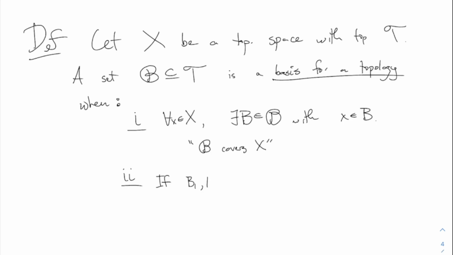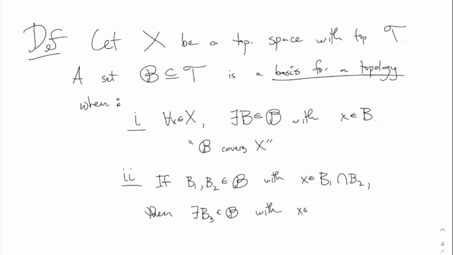If B1 and B2 are two different sets in your basis with some point x in the intersection, then there is another basis set B3 with x in B3, and B3 is a subset of B1 intersect B2. All right? This is the weird intersections property for a basis.